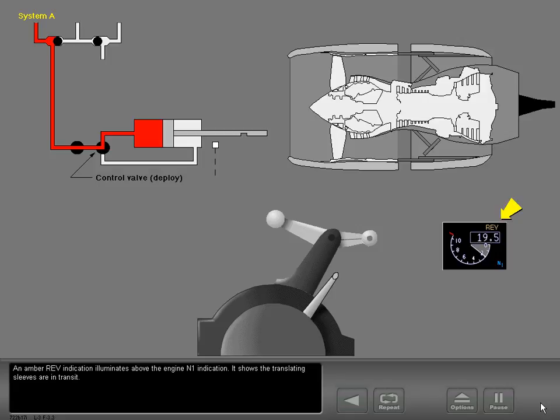It shows the translating sleeves are in transit. An interlock mechanism restricts further movement of the reverse thrust levers until the sleeves are near the deployed position. As the sleeves reach the deployed position, the reverse thrust levers can be raised to detent number 2.